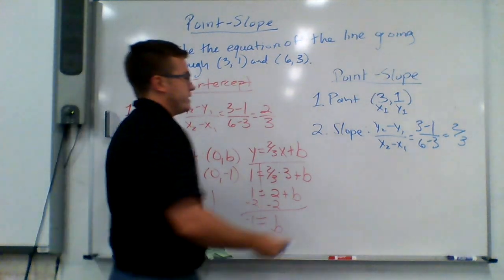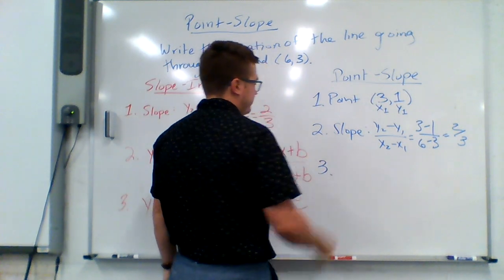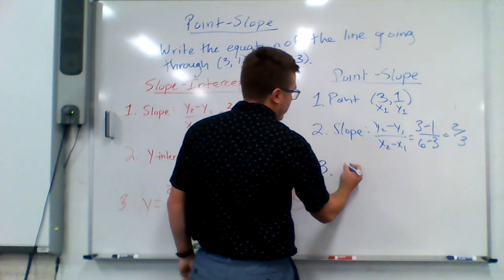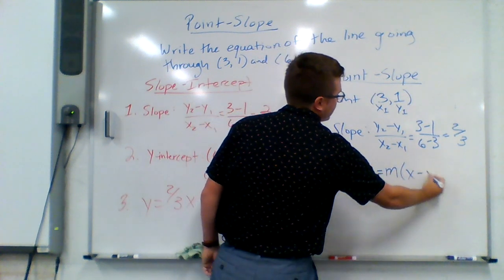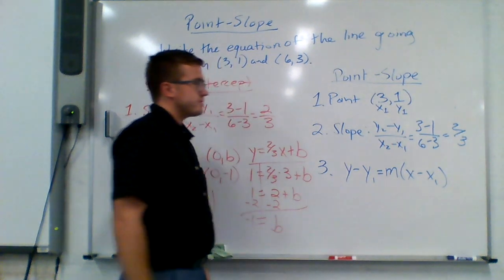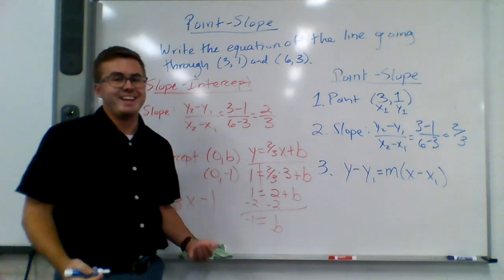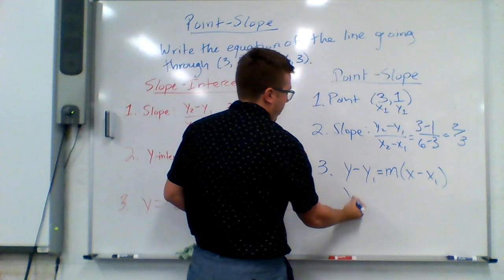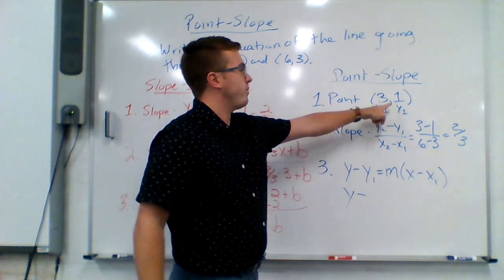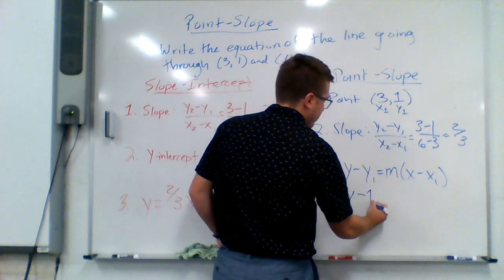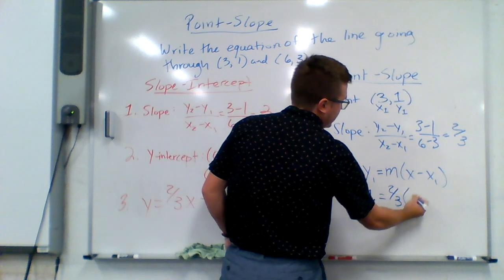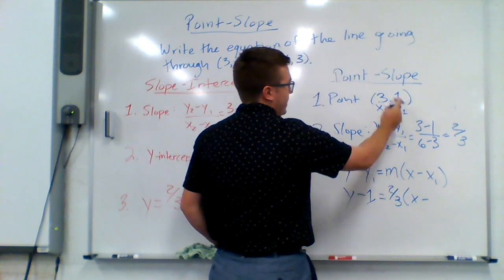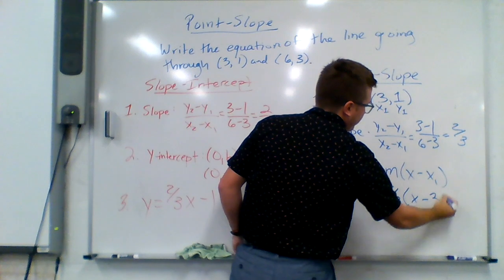Now all I need to do is write my equation. I know it's going to be in the form of y minus y1 equals m times x minus x1. All I have to do is plug in my information. y minus, well, I chose my y1 as 1, is equal to my slope, 2/3, times x minus my x1, which is 3.